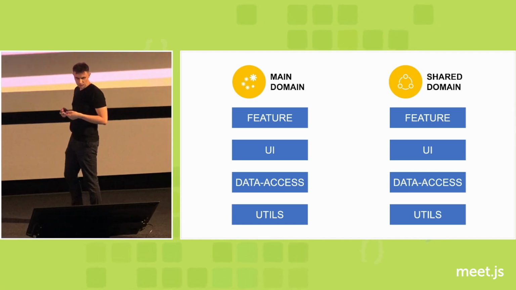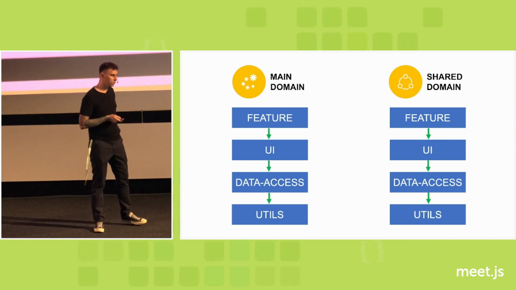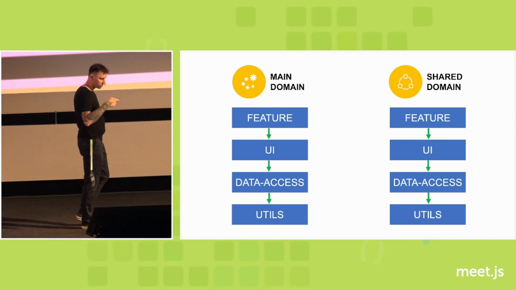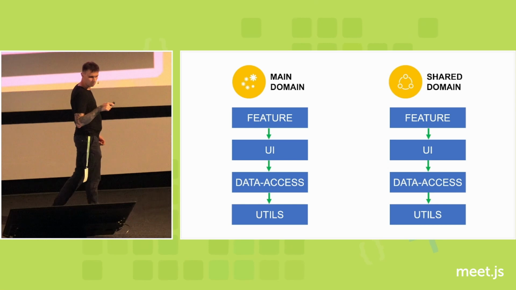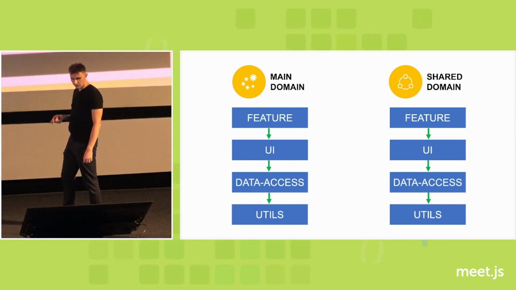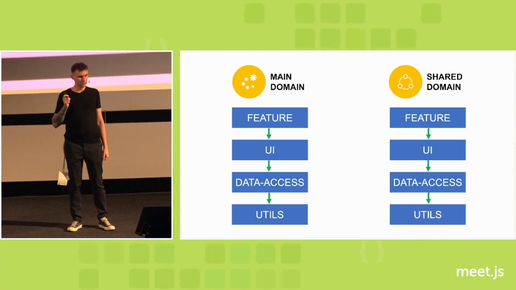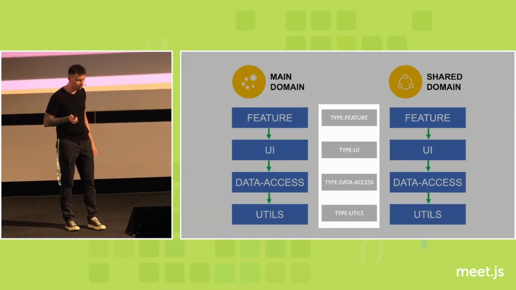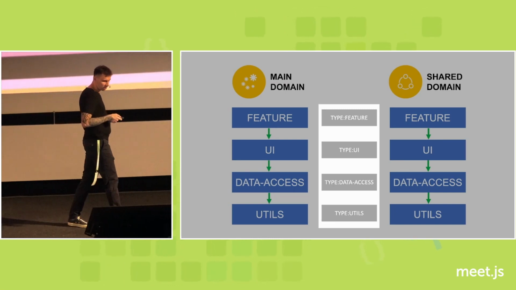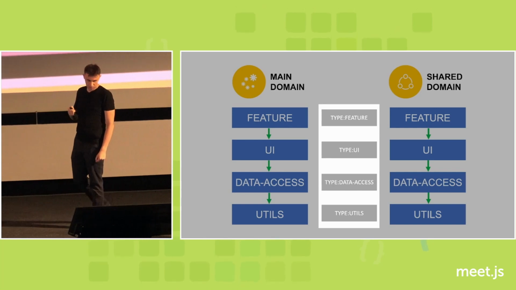As you can see, there are four layers: feature, UI, data access, and utils, and it looks like the upper layers can import those on the bottom. So feature can import UI, UI can import data access, and data access can import utils. And if we add tags there, then it will look like that. So we have a simple prefix, and after that prefix, we have a type.